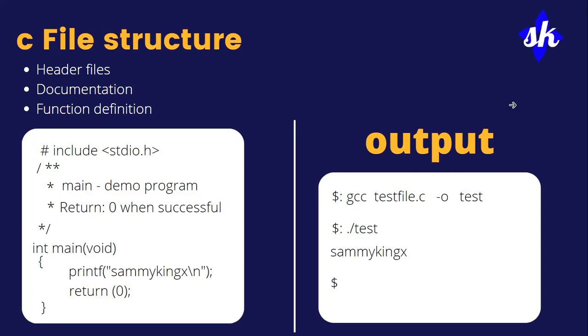Now to run the file, I'm basically going to say ./test, which says that I want to run this particular file in this directory. Remember the dot signifies your current directory. When I run that file, because it is only a printf statement I wrote there, I'm only getting a display, which is Sammy Kings.